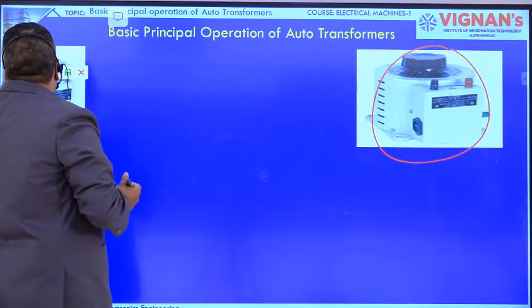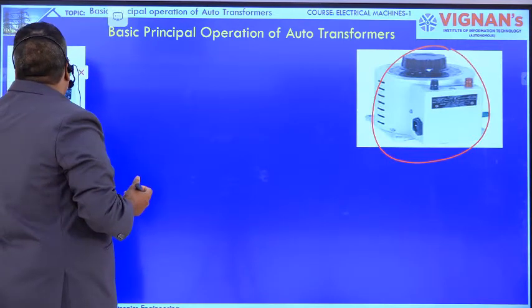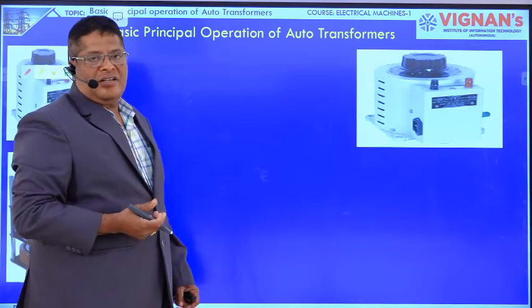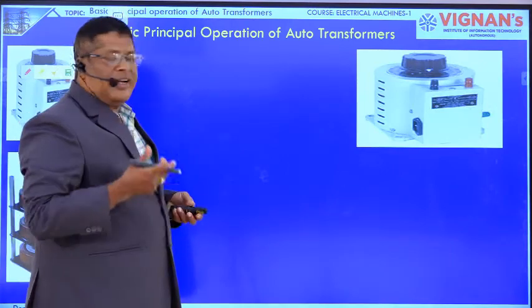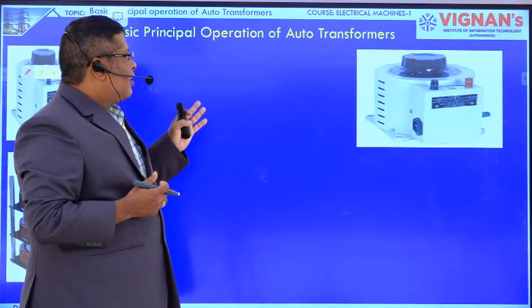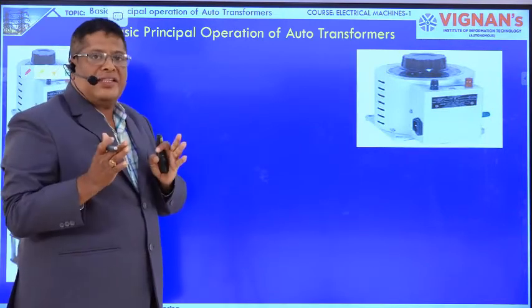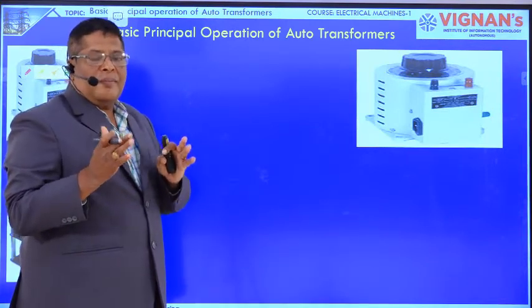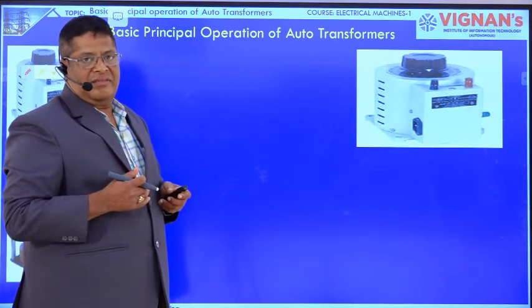See here, an auto transformer works on mutual induction, just like a two-winding transformer. In the auto transformer, some portion of the winding is common to both the primary and the secondary.